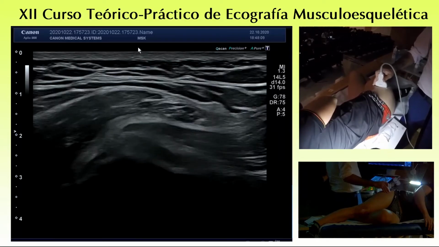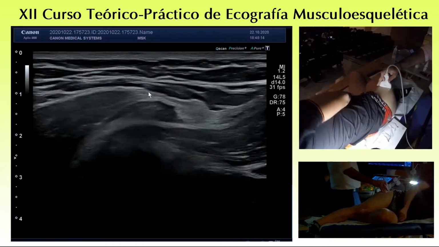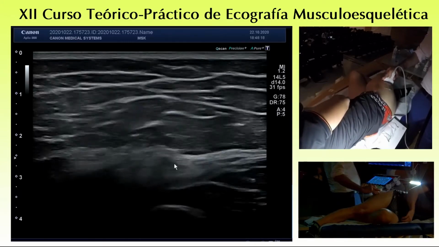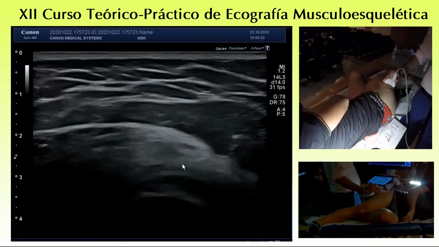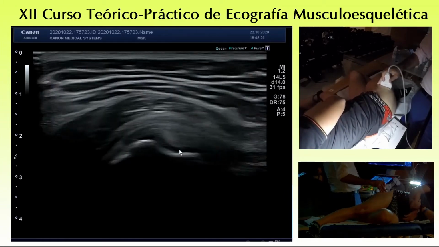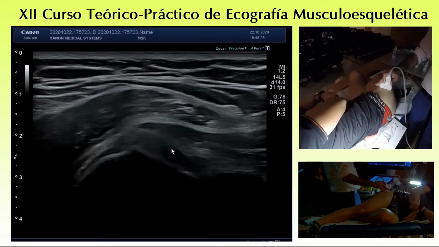Lateral hip basically means trochanteric syndrome and pathology around the greater trochanter. So basically what I do when I examine the greater trochanter is to first recognize the greater trochanter in all these aspects.